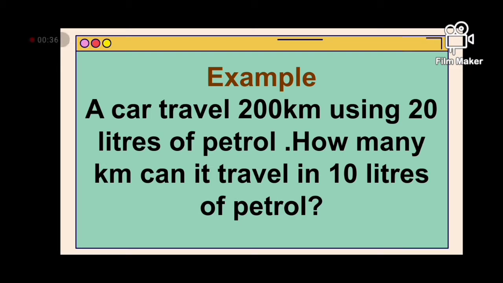As we discussed before, it means we have to find the distance traveled in 1 liter of petrol, then we can find the distance traveled in 10 liters of petrol.